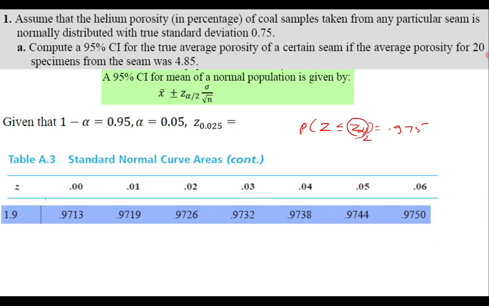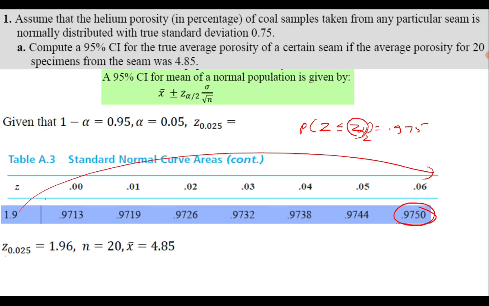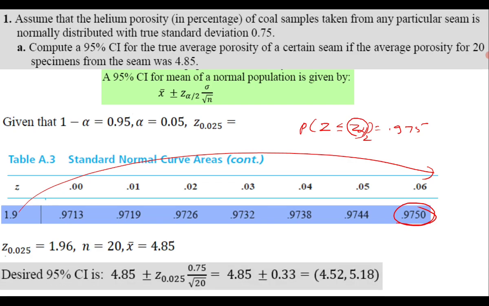If you see the table for the standard normal distribution, you need to identify the number 0.9750, and it corresponds to 1.96. It means that your z alpha by 2 is 1.96, n is already given, x bar is given, sigma is given. You substitute the values and get the required interval. So this is how you compute the confidence interval.